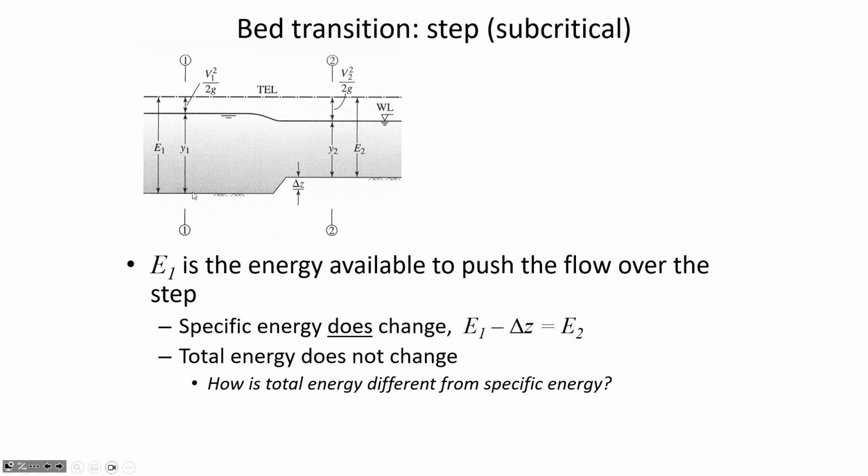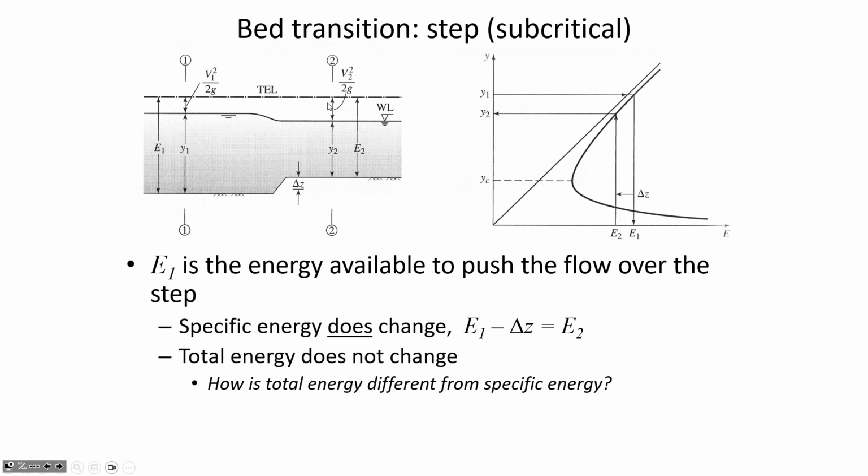For total energy, we're using a common datum at 1 and at 2. So we're saying, let's have the elevation be maybe sea level, or let's make the elevation be the bottom of the first channel, and then at 2, we're still using that same elevation to calculate the total energy. So if we lose some velocity head and some depth because of a delta Z, you're not losing total energy because the delta Z is added to the total energy calculation.